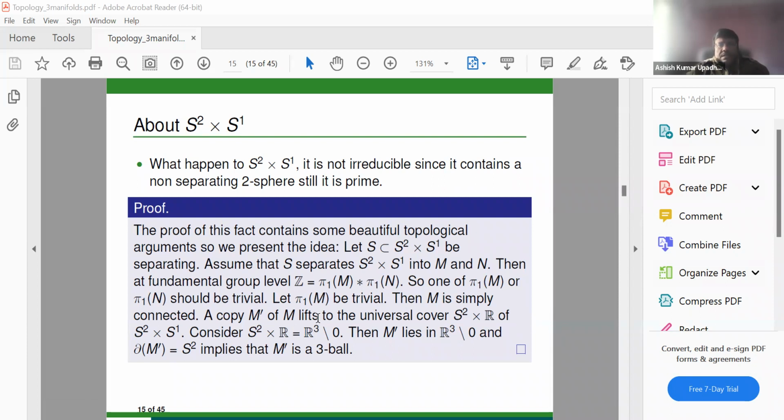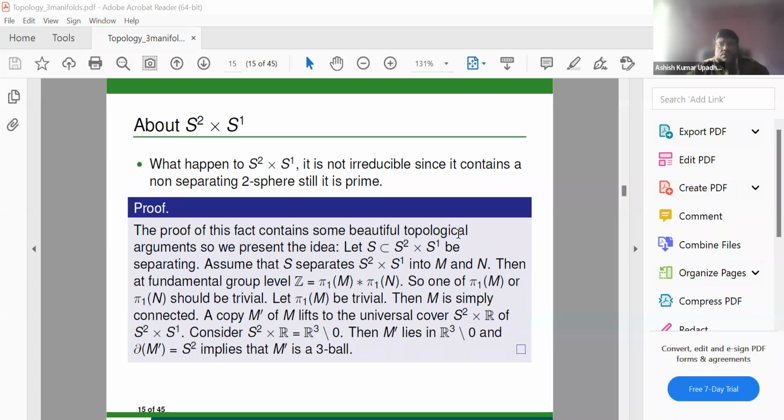Then consider S2 cross R, which, in terms of topological equivalence, can be considered as R3 minus the origin. Then M dash lies in R3 minus 0. And we have seen that R3 is irreducible. The boundary of M dash is a sphere, so this implies that M dash is a 3-ball. Okay.